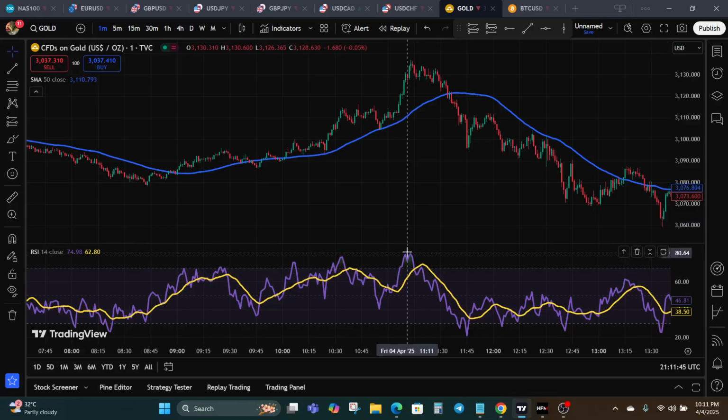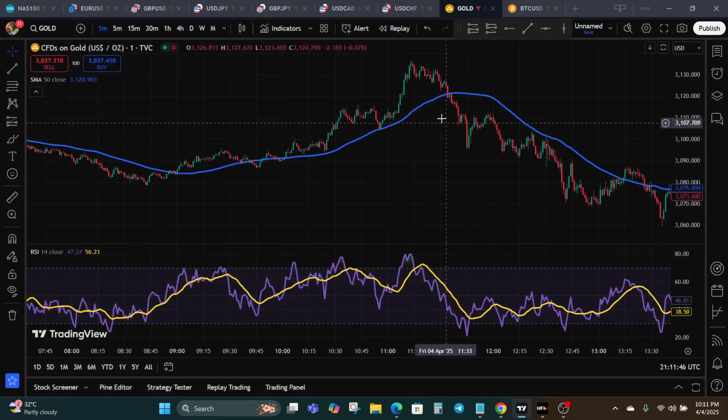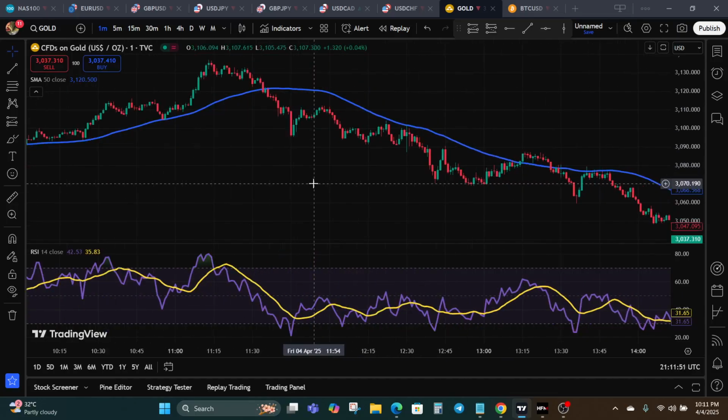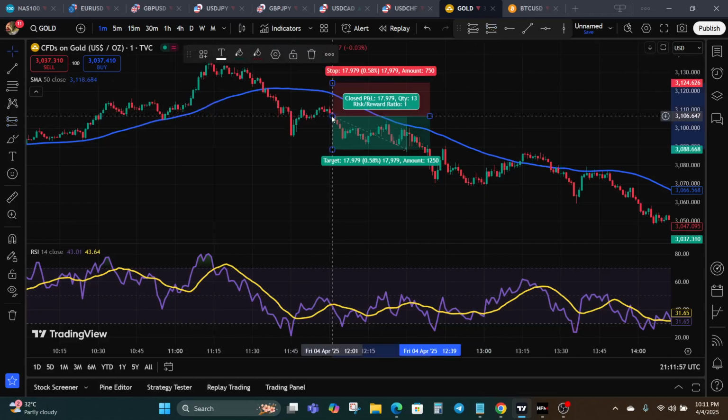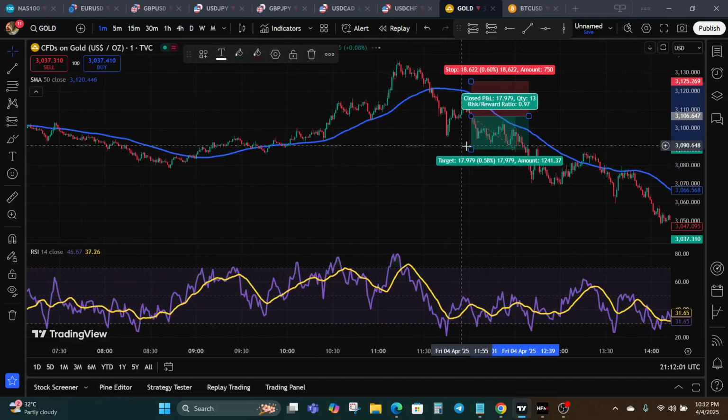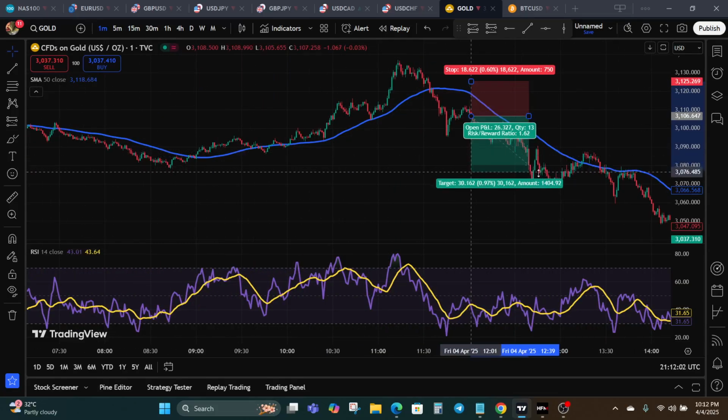The RSI climbed above the 70 and dropped below it, and then shortly afterward, price dropped below the 50 SMA. So right after this pullback, this would have been a good opportunity to enter a sell after getting our confirmation. Stop loss above the 50 SMA, take profits around support zones.